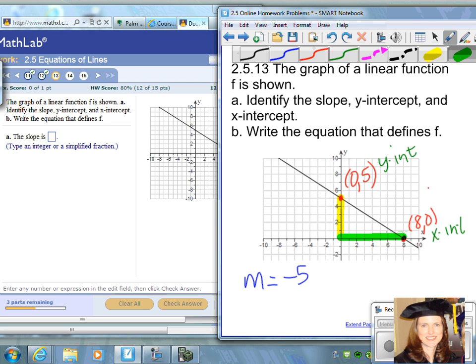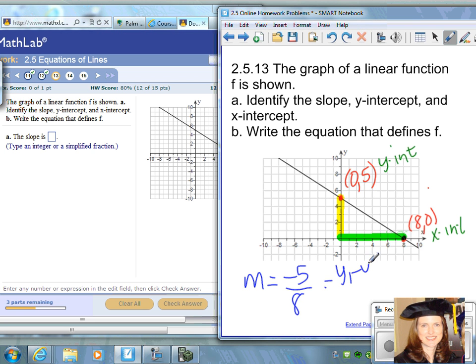So the denominator is 8. Slope of this line is negative 5 over 8. Now you can also use the slope formula, y sub 1 minus y sub 2 over x sub 1 minus x sub 2, to find that answer of negative 5 over 8.